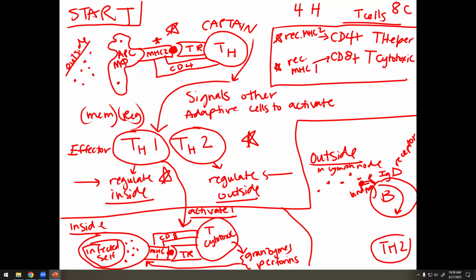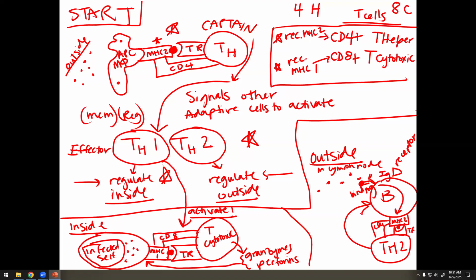And so when Th2 comes along and we have MHC2, we have our T cell receptor that interacts with it. We have CD4. But now Th2 mediates this response.